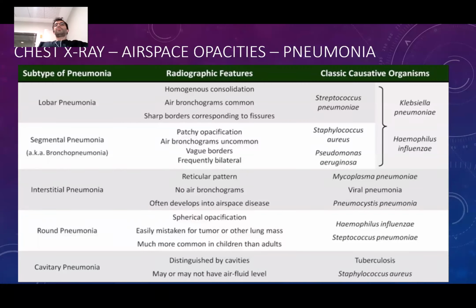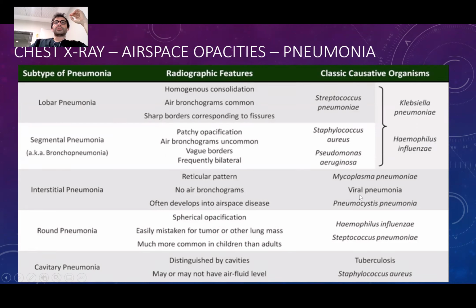So when we come to pneumonia, what type of appearances are they going to make? They are usually causing consolidations. So in case of lobar pneumonia, the radiographic features are mostly consolidations. But in areas of interstitial pneumonia, for example, there is a reticular pattern as well.